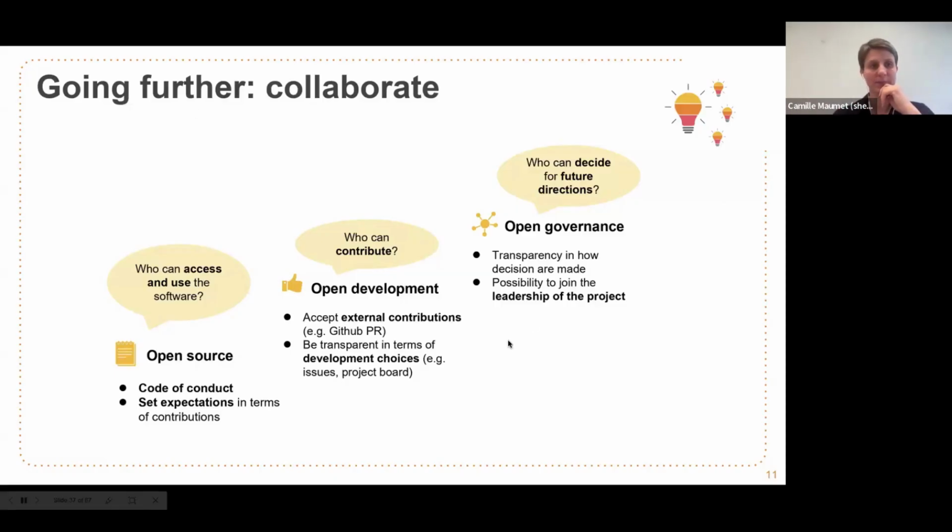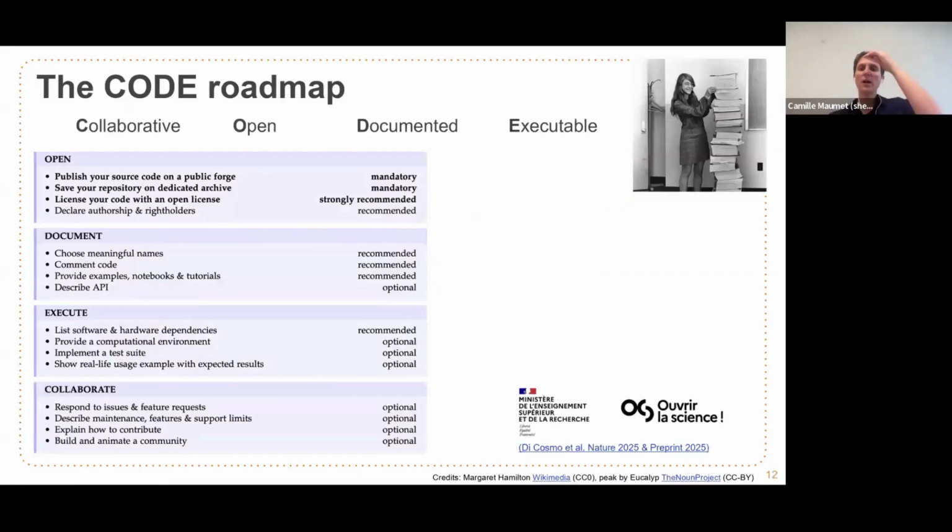It's a process, and we can start at the very beginning of the ladder and then grow as we go through this path. Okay, so all of the things I've discussed today are available in a document. There is a link here at the bottom, which is called the CODE Roadmap. CODE stands for collaborative, open, documented, and executable. It's basically a series of steps.